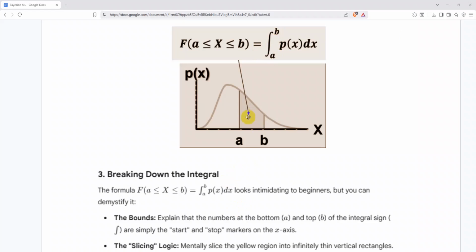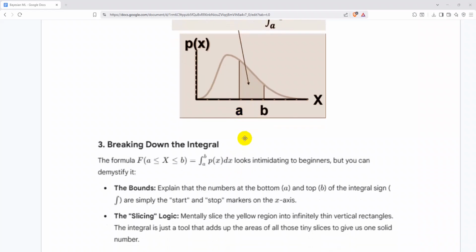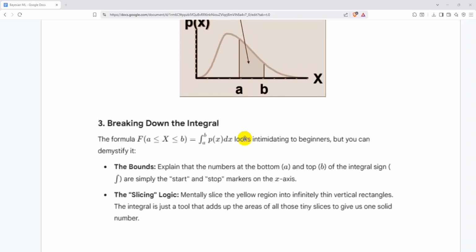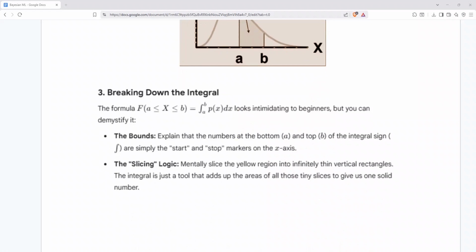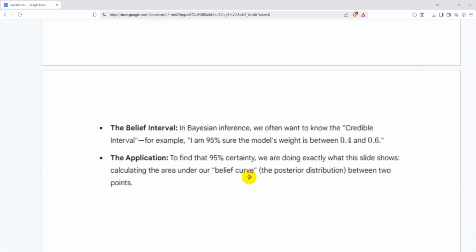So every slice has a tiny width and a certain height given by P of x. The integral just adds up all those tiny slices. So instead of thinking about the formula, just think how much total shaded area is between A and B. Now, here's where this becomes powerful in Bayesian machine learning.